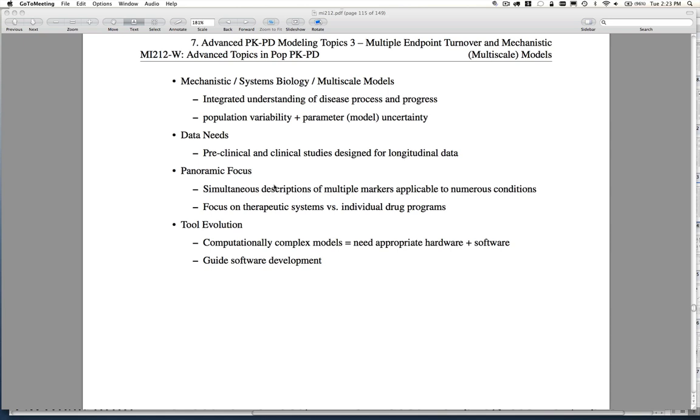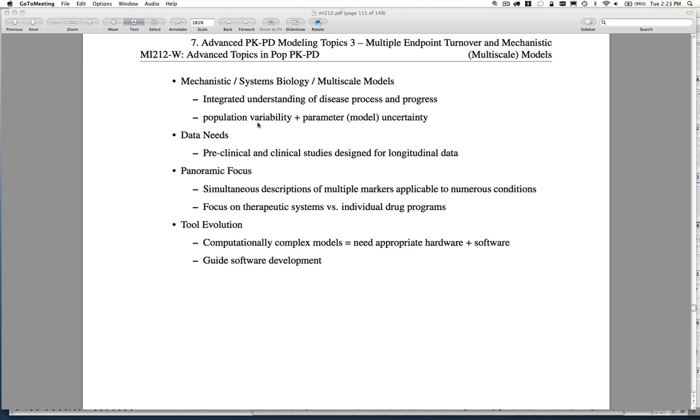Here, you have a model in place, you use data from a given study or a given disease to try to learn more about that model, and you then use that to guide your further development or further understanding of biology and of the disease and of the therapeutic.